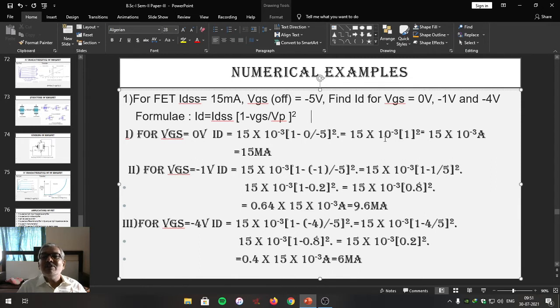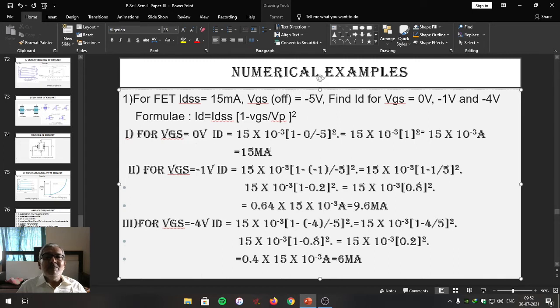Therefore it is 15 into 10 raised to minus 3 into 1 square, that is 15 into 10 raised to minus 3 ampere. So that comes to be 15 milliampere. This is the first calculation we have done, and that is for VGS equal to 0 volt, ID comes to be 15 milliampere.